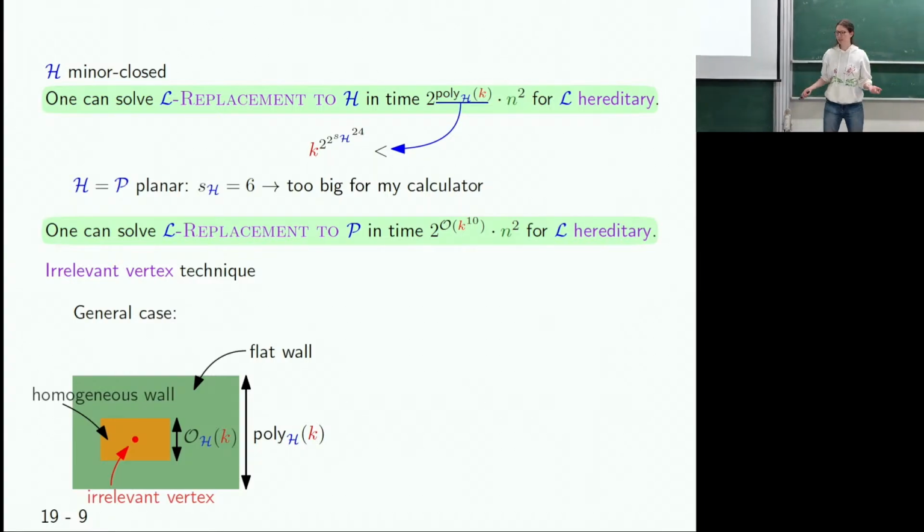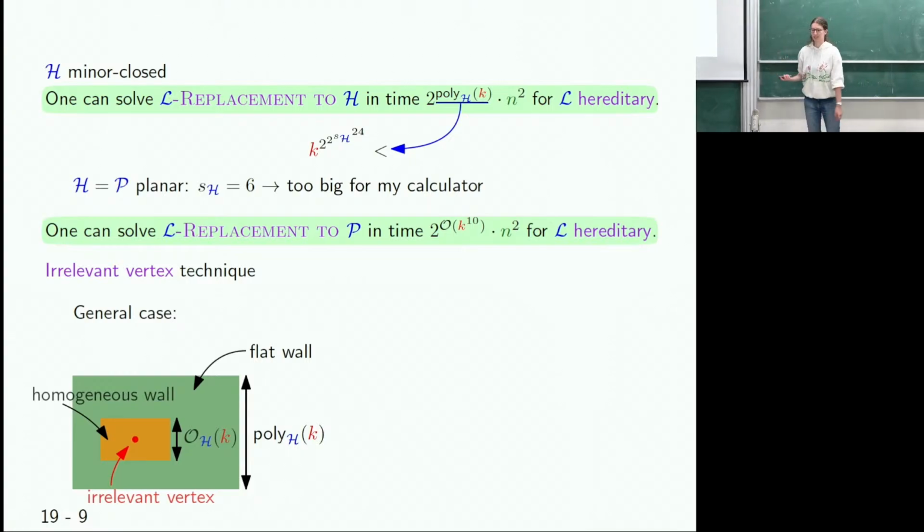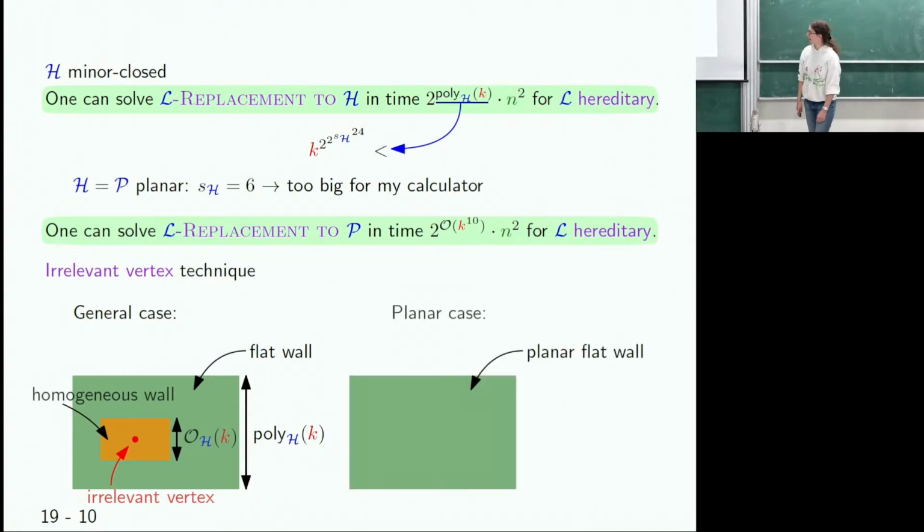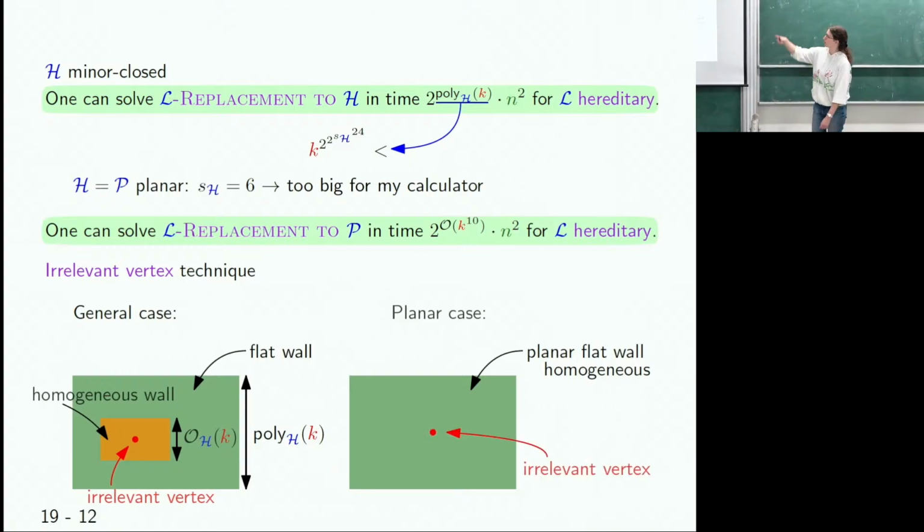We have some examples that show that you cannot do better with this technique. In the planar case, if you manage to find a planar flat wall, then you can prove that this flat wall is already homogeneous. So you just take the central vertex and that's all. That's why we don't have this polynomial in k.